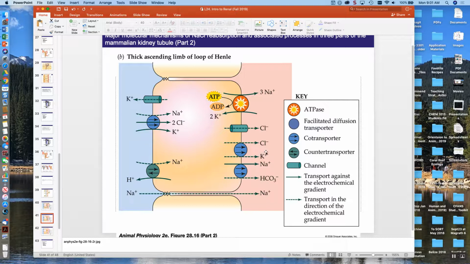It sets up a voltage gradient for sodium to follow across the paracellular pathway. So again, in this case, you're reabsorbing an enormous amount of electrolytes, sodium, potassium, chloride. But in this case, water can't follow. There are no aquaporin channels, so water stays in the nephron. This is why this is called the diluting segment.